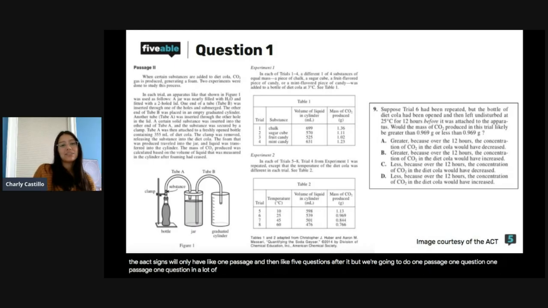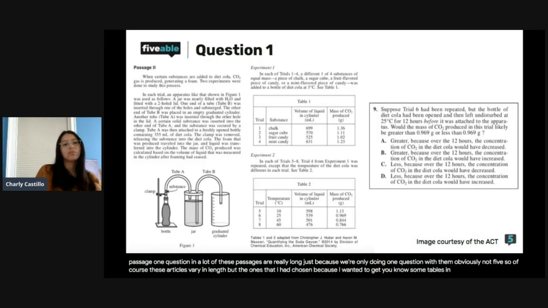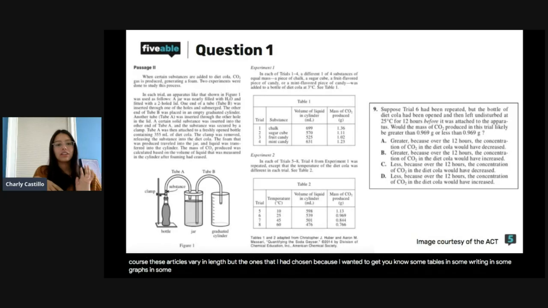And a lot of these passages are really long, just because we're only doing one question with them, obviously not 5. Of course, these articles vary in length, but I wanted to get some tables in, some writing in, some graphs in, some different perspectives in, so I chose some of the longer ones.